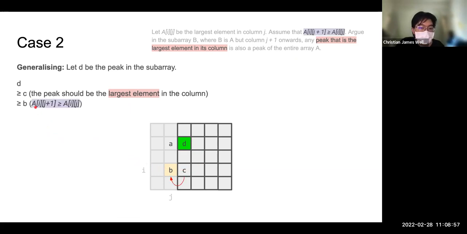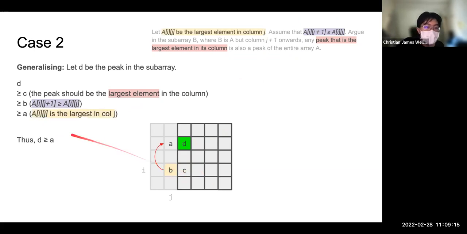Then C is greater than B because of our assumption that we recurse to the right, because C here is at least B. That was why we recursed to this subarray in the first place. And B is greater than A, because B is the largest element in column J. That was our choice of the largest element in the column.